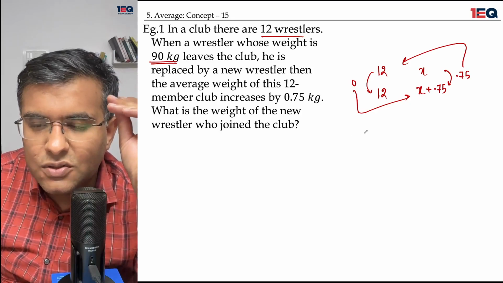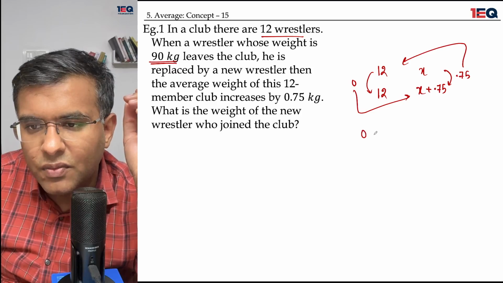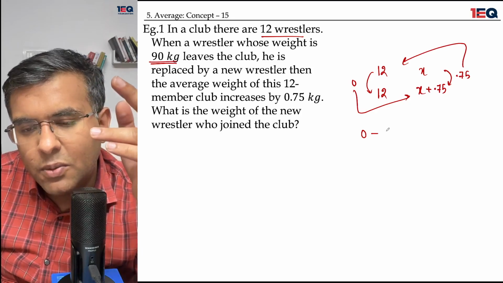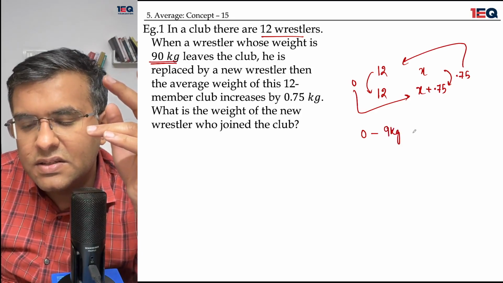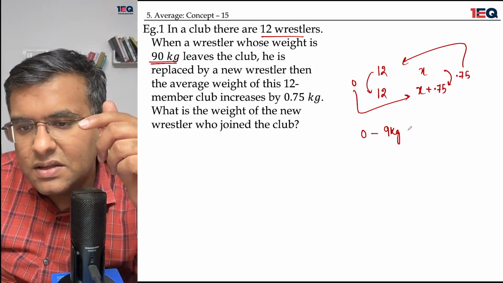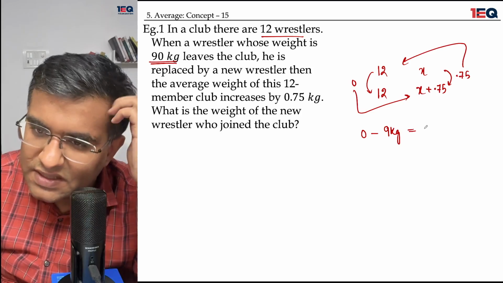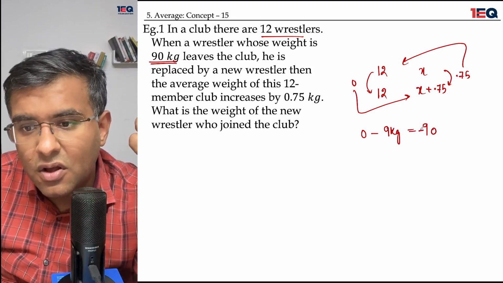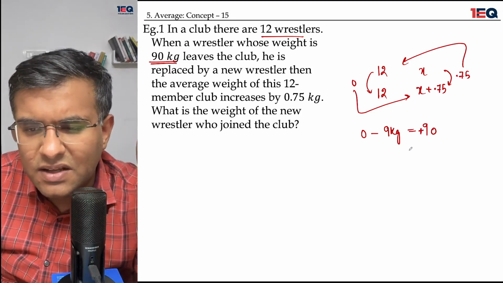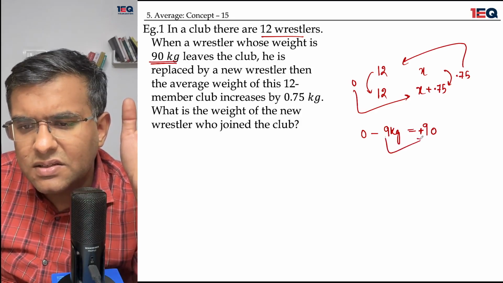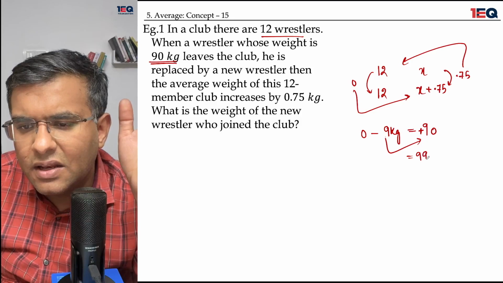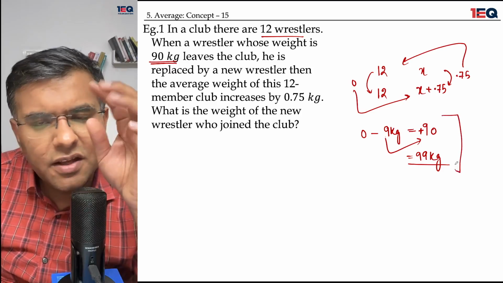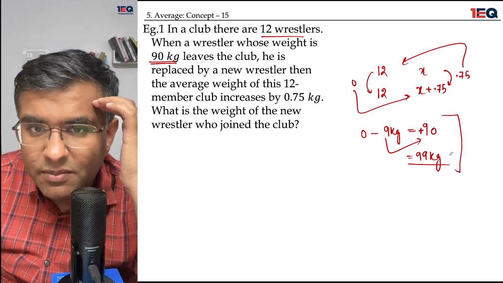Okay, let's assume what we get from here is 0, and when 0.75 is multiplied by 12, I get 9 kgs, and this 9 kgs is the effect, and minus 90 kgs was the person who left, or I should keep it as plus 90 as well, it doesn't really matter. This 9 kg would go on the right hand side and create 99 kg. Some people might be getting confused over here, but the concept in my brain is very clear.